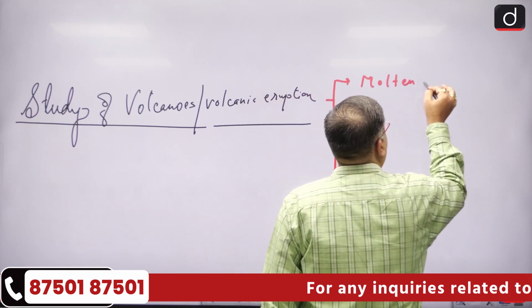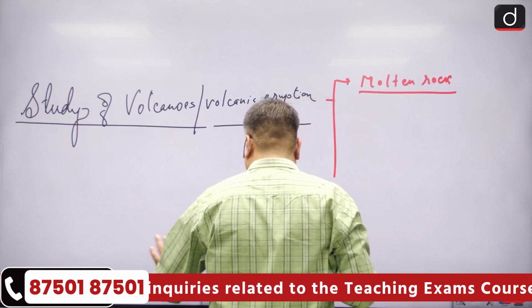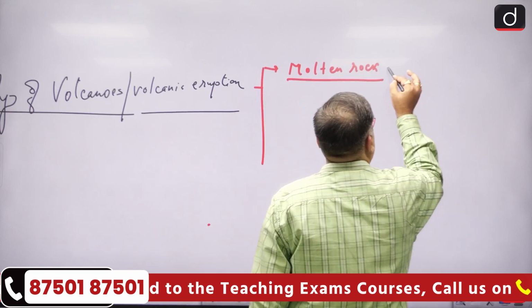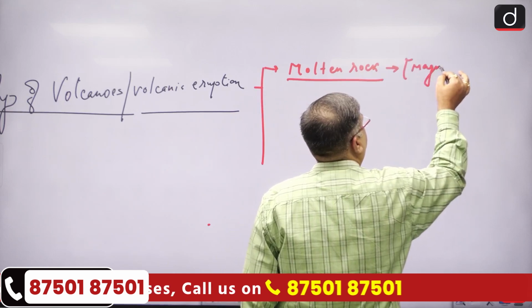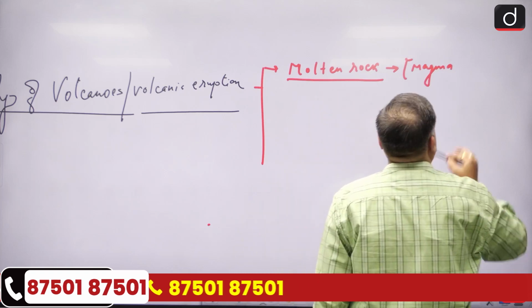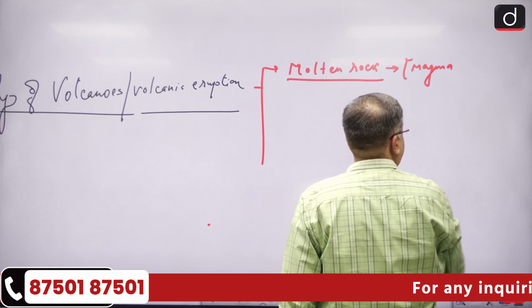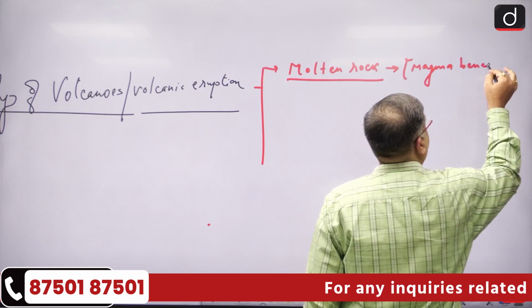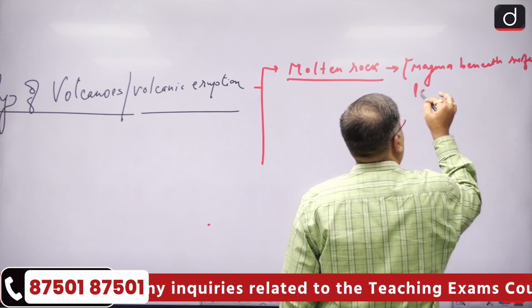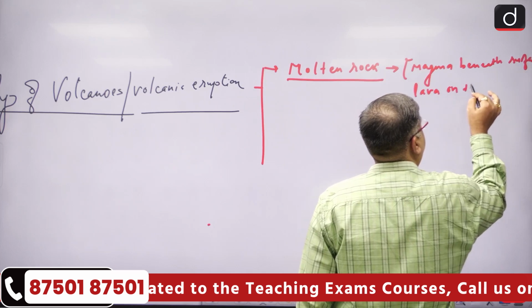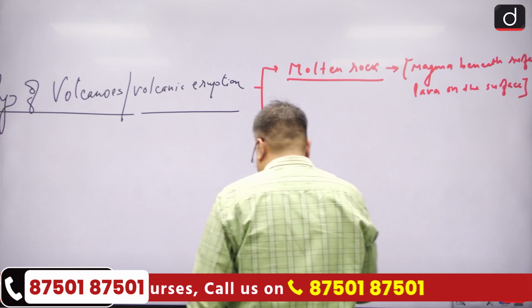And if there is a molten rock, that is called magma beneath the surface, and it is called lava on the surface. All right.